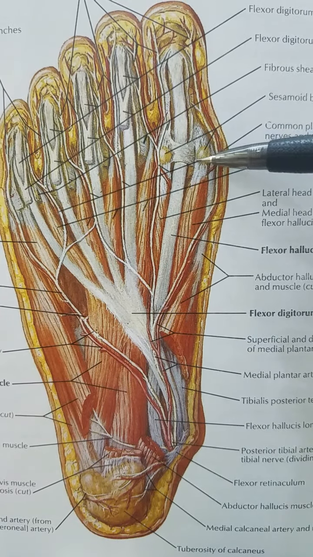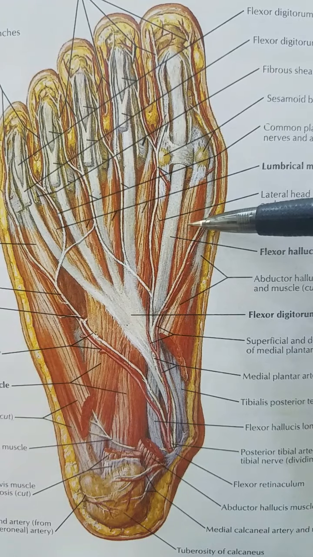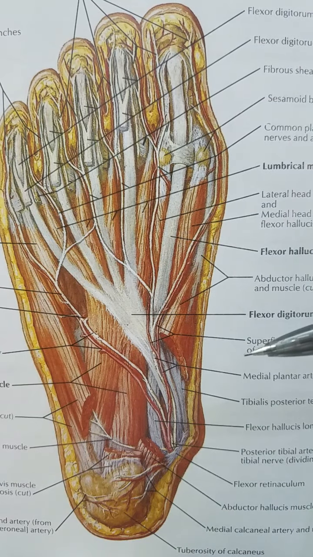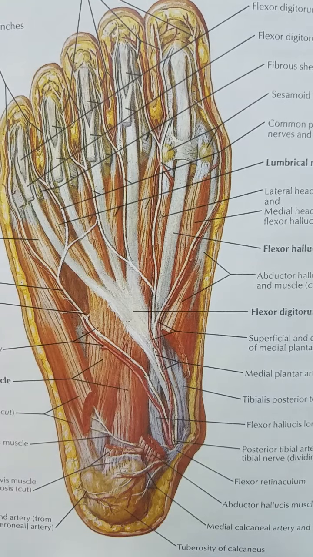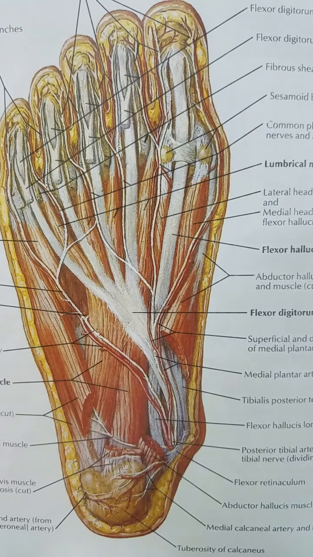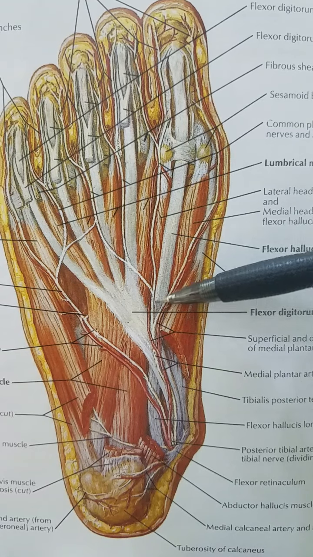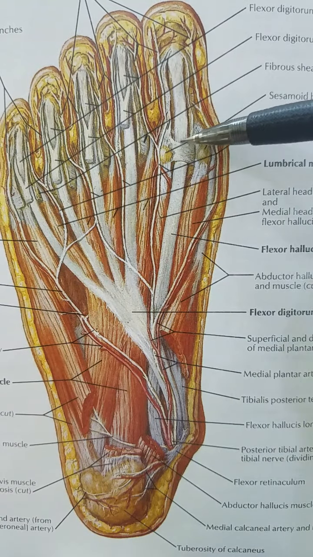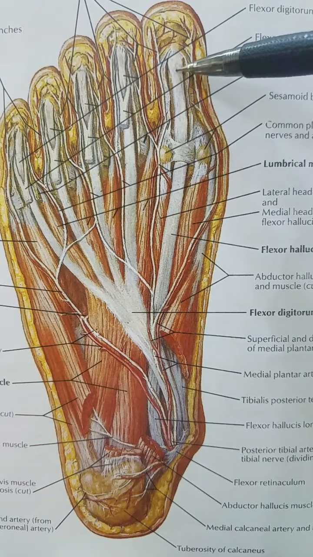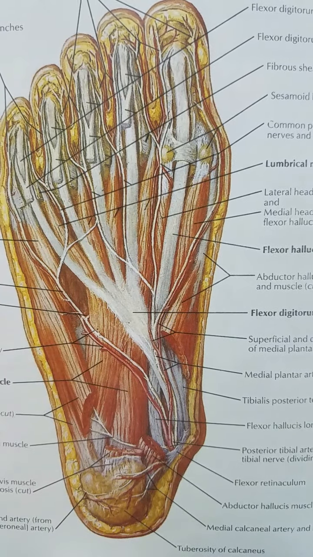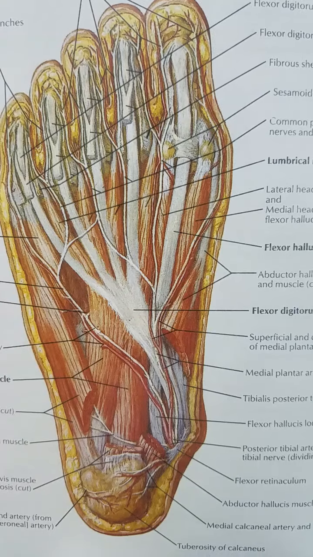And these two sesamoid bones are in the tendon of the Flexor Hallucis Brevis muscle. We'll talk about the Flexor Hallucis Brevis when we do the muscles of the sole of the foot. But for now, you need to know that the tendon of the Flexor Hallucis Longus muscle passes through these two sesamoid bones and then gets attached to the base of the distal phalanx of the big toe.